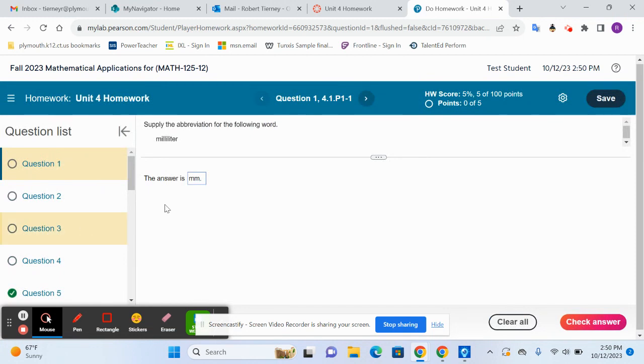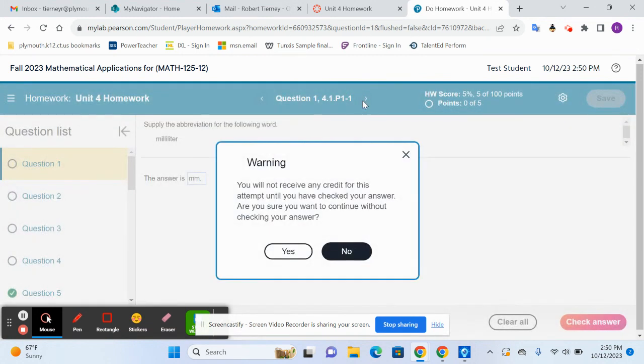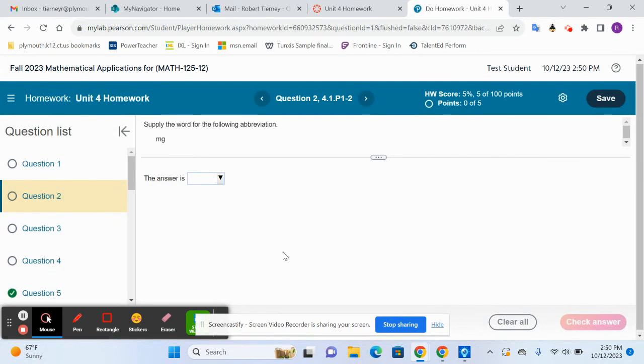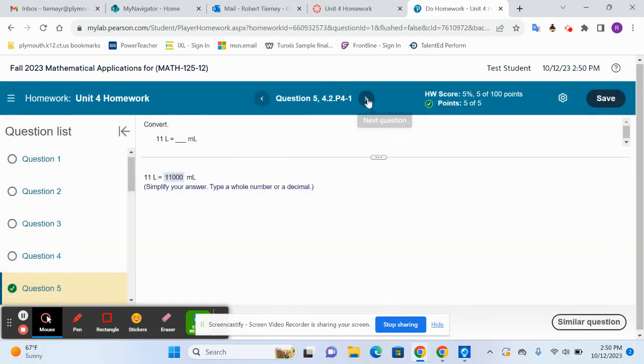This shouldn't take long. Supply the abbreviation for milliliter. Question 2. Supply the word, and there's a drop-down menu for you to get the answer. Supply the abbreviation. Supply the word. So those are the first 4 questions.